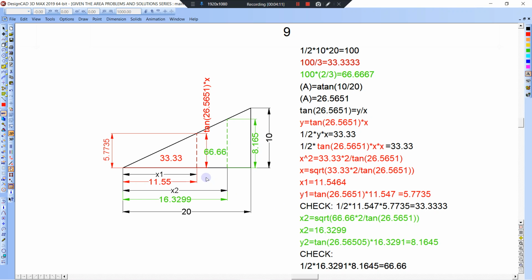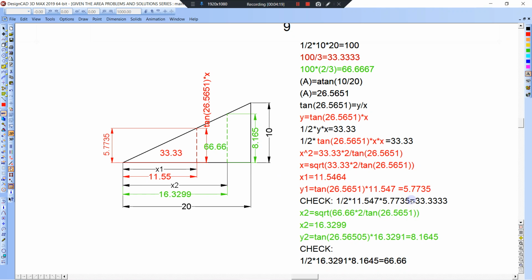Check your answer, make sure that this times this, 11.55 times 5.77, is equal to 33.33. And then once you've done that, you just take the actual formula for solving for x. It doesn't change much, it's just the area. So the x squared, 2 tangent of all this stays the same except for the area.